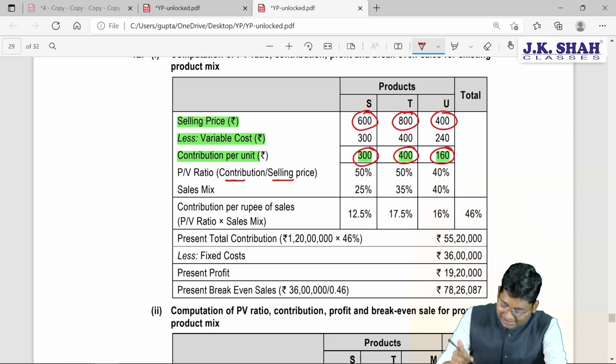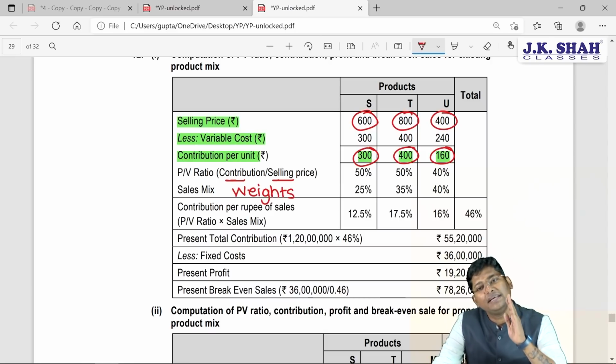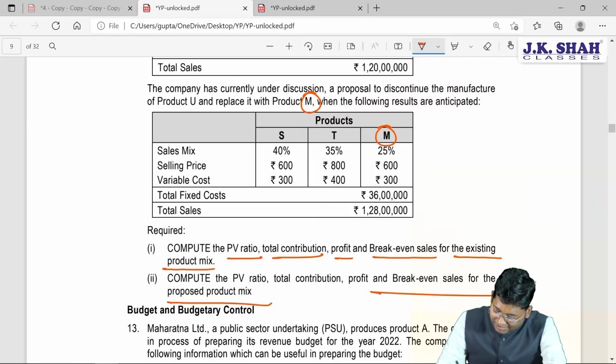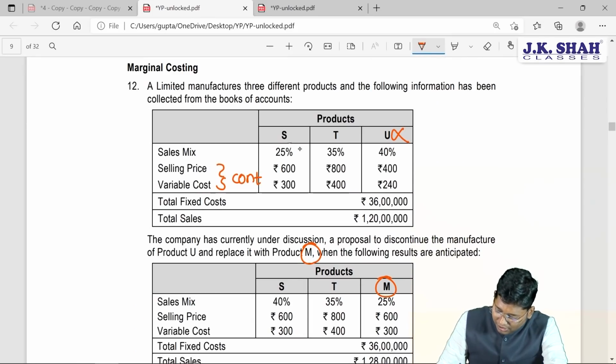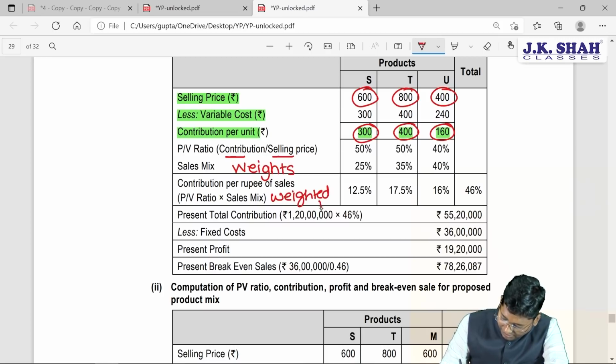They are containing some weights, and that's why this PVR is multiplied with the different weights associated with each and every product. These weights are given here in the first table, 25%, 35% and 40%. When you multiply your PVR with these weights, you are going to get the weighted PVR. And weighted PVR, when you add up, you are going to get the weighted average profit volume ratio.